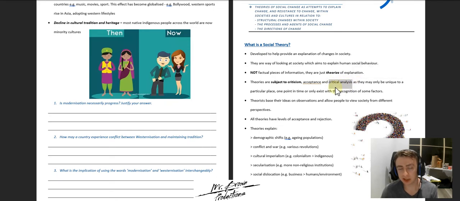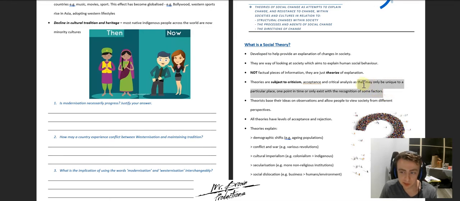Mostly in the HSC, when you get asked a theory question, they're going to ask you to either justify one, evaluate it, or assess it. And so you can say that a theory is really great in explaining change in this way, but it might not be good at explaining change in that way. And that's okay to say. That shows to the HSC marker that you have a high level of critical thinking skill, because you're saying, yes, it applies here, but it doesn't apply here.